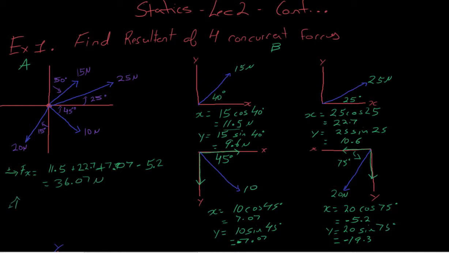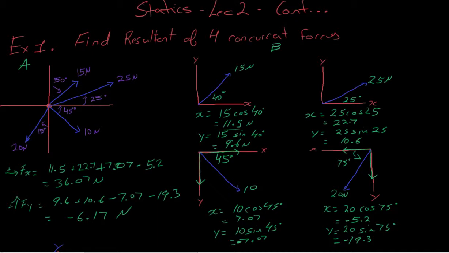Let's do all the y forces. 9.6 plus 10.6 minus, remember this one's going down, so it's going to be minus 7.07, and this one's also going down, so it's going to be minus 19.3, which gives me negative 6.17 newtons.